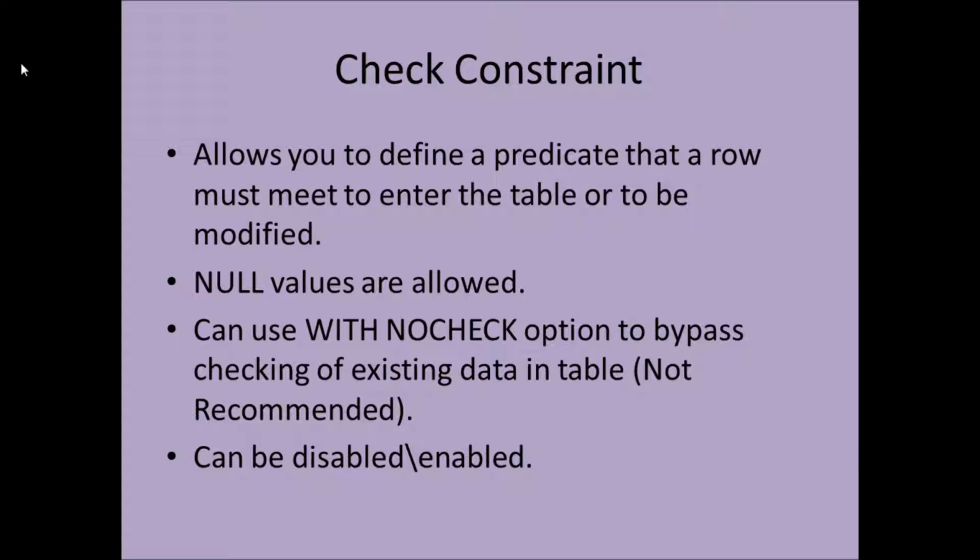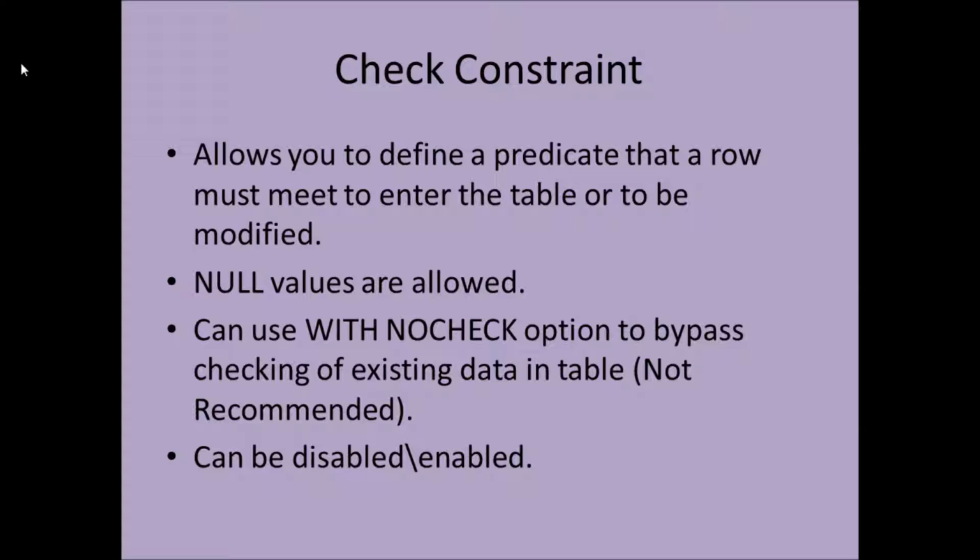Next is check constraints. A check constraint allows you to define a predicate or a condition that a row needs to satisfy to enter the table or to be modified. So using a check constraint we can assign some condition that every row needs to satisfy to make an entry into the table or to be modified.